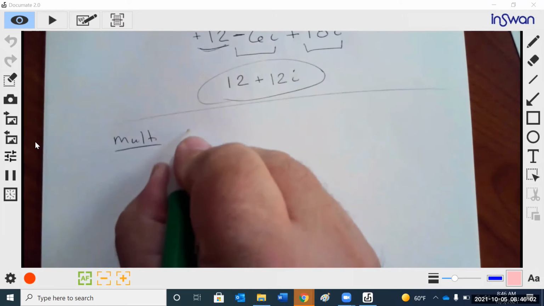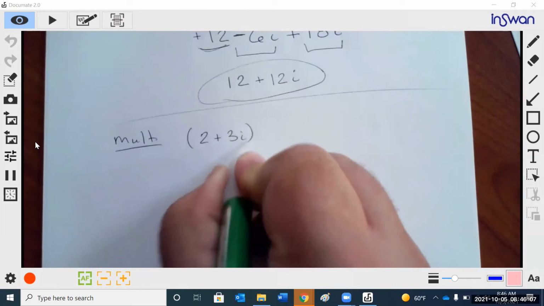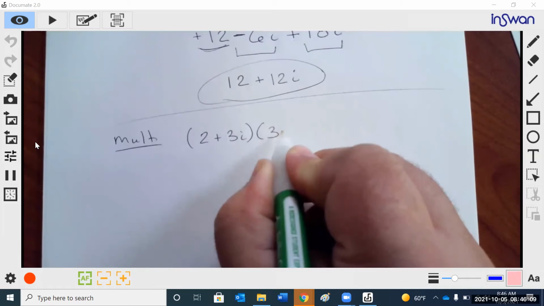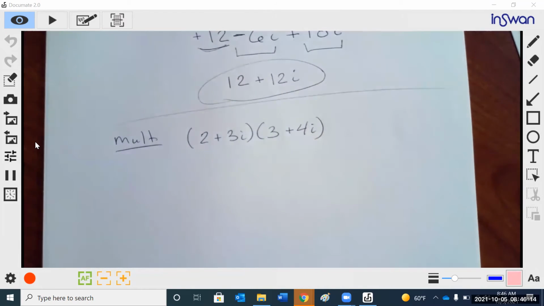Multiplication. (2 plus 3i) times (3 plus 4i).